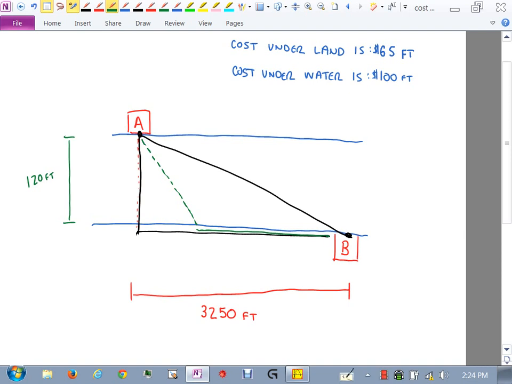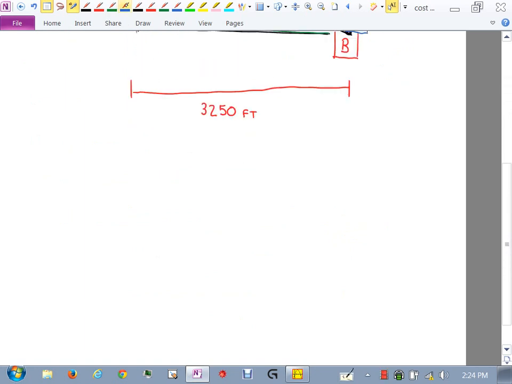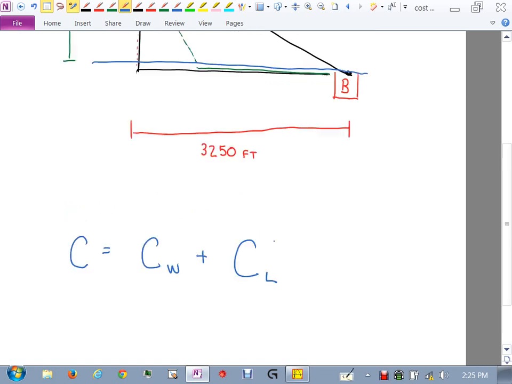Okay, so let's try and come up with a cost function for this. So what's the cost? Well, it's the cost underwater plus the cost under the land, right? So what is the cost underwater?